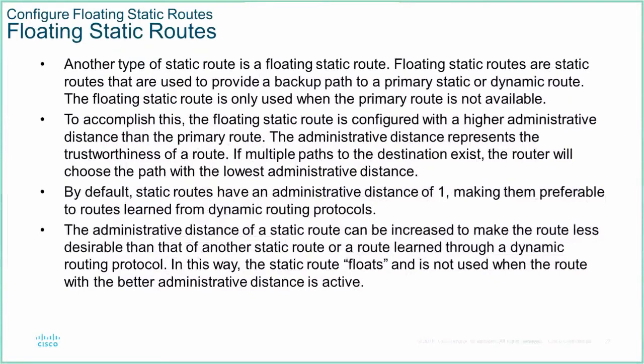So if we have equal costs to the same destination, it'll list multiple entries. But with a floating static, what we do is we create our secondary static route with an administrative distance greater than 1, meaning it's floating and will only appear if the primary disappears.